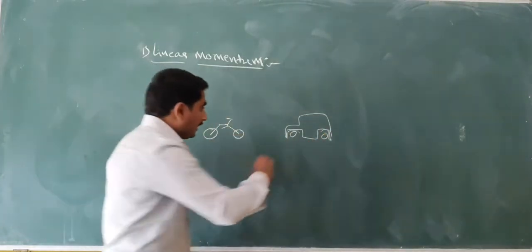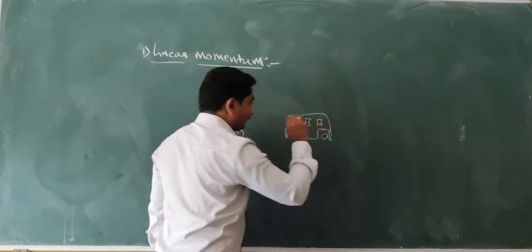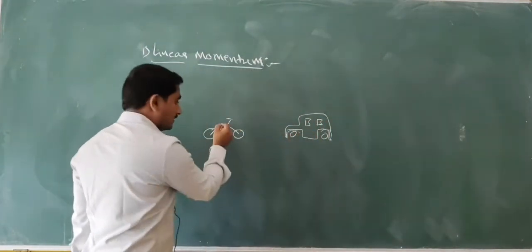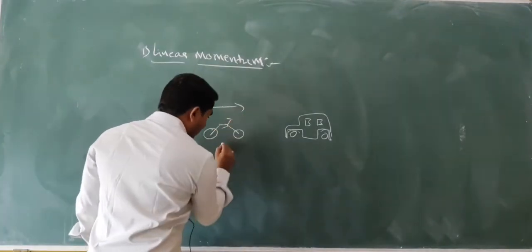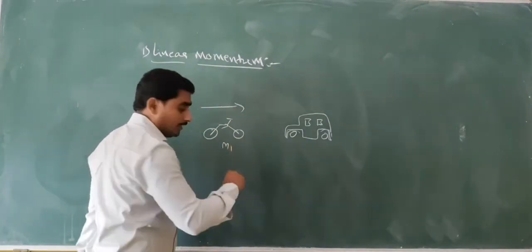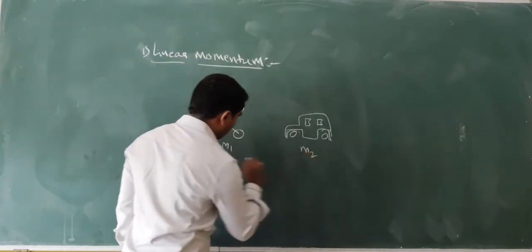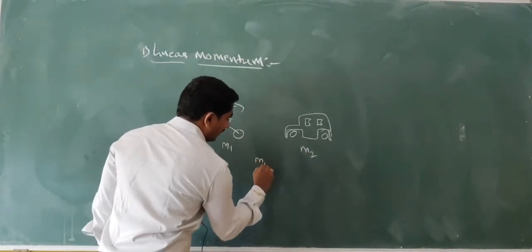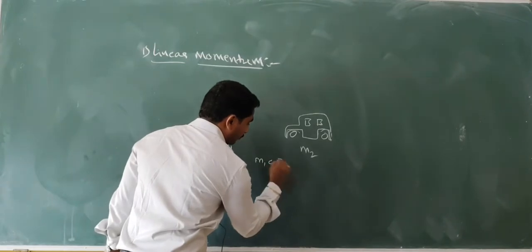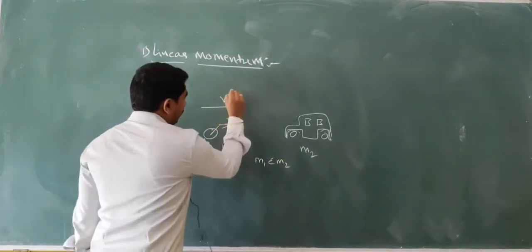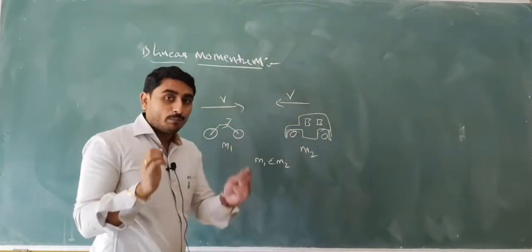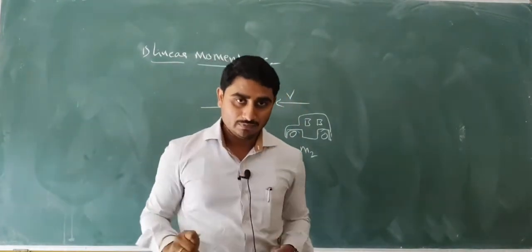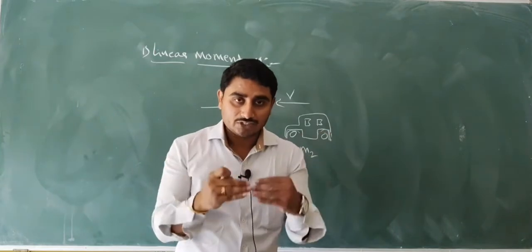Their masses are different. Here the mass of this body m1 is less than m2, and the velocity of this bicycle is v and the velocity of this car is also v. Both have the same velocity, moving in opposite directions.